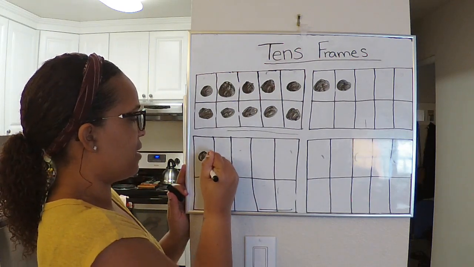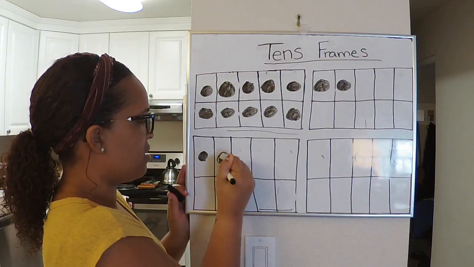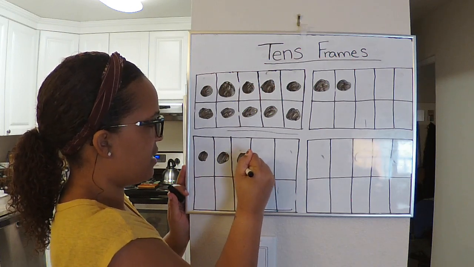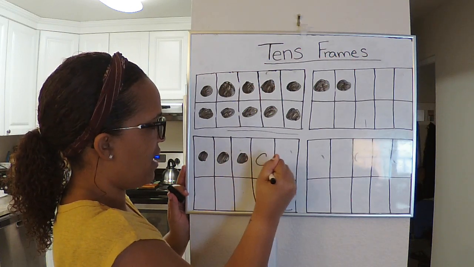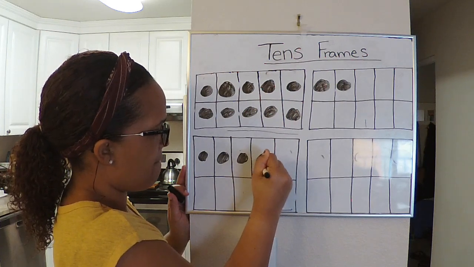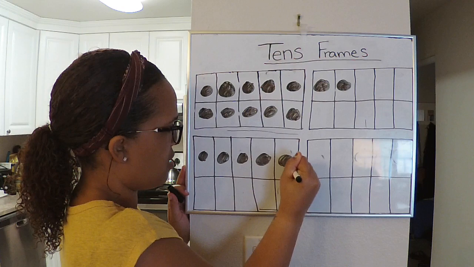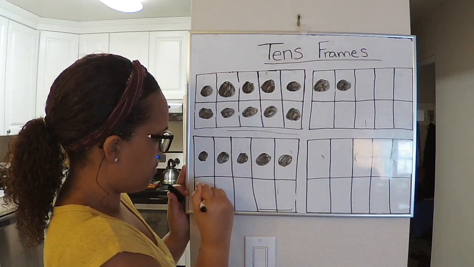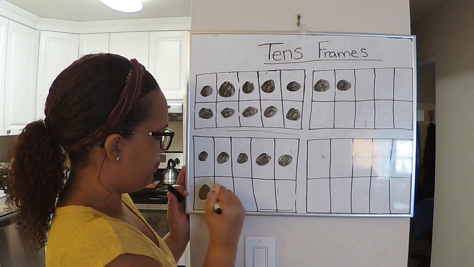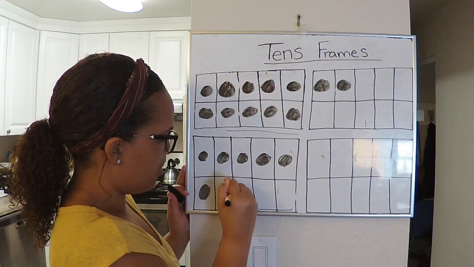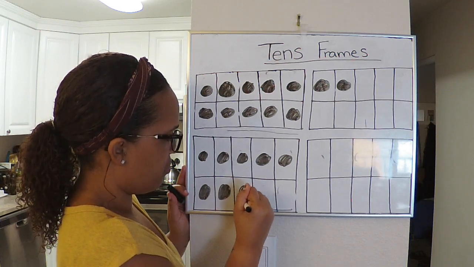I'm going to try to go a little bit quicker this time. Let's see if I can do it. I wonder if you're thinking, how many is Gabrielle going to do on the bottom group?